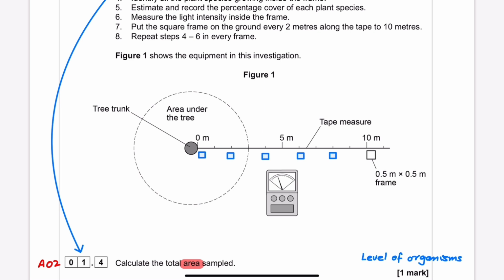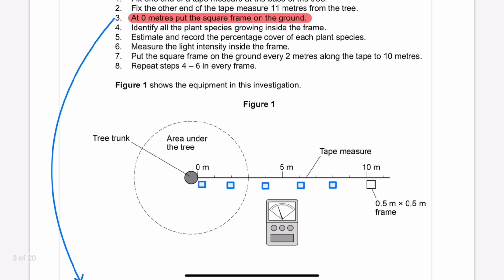The student must know the area of one frame. It is already mentioned that it is 0.5 into 0.5, but we have to see how many squares have been used. The student used at the trunk 1, 2, 3, 4, 5, and 6, because it is already mentioned in point number 7 that the student is using the square frame every 2 meters.